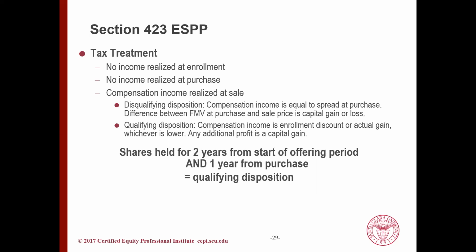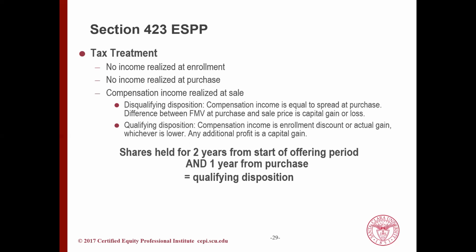So in this example, the compensation income would be $20, the $25 purchase date fair market value less the $5 purchase price. But the employee only sold at $15. The difference between the purchase date value of $25 and the sale price is either a capital gain or a loss.